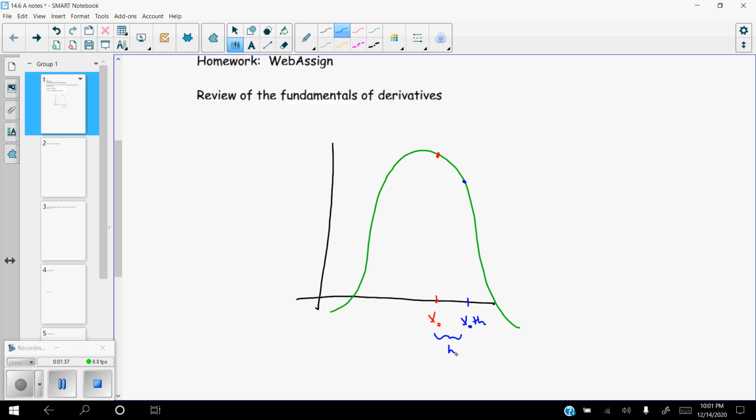So if x sub 0, let's use orange. If x sub 0 has a tangent line that hits it right there, then we know that f prime of x sub 0 is the slope of that tangent line at x sub 0.